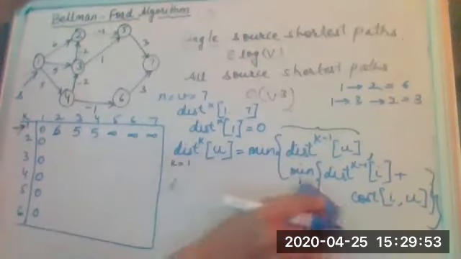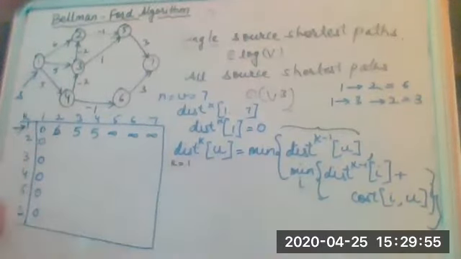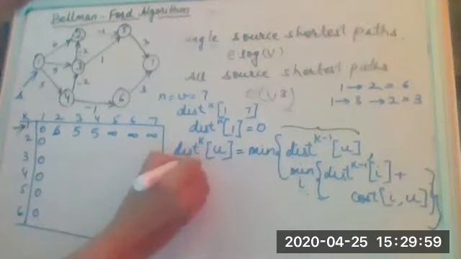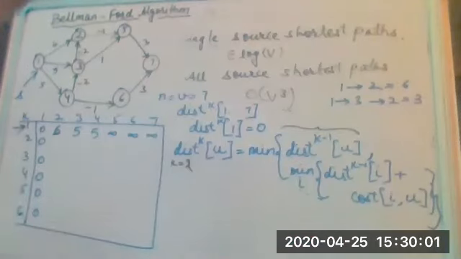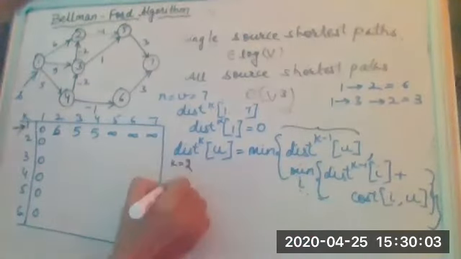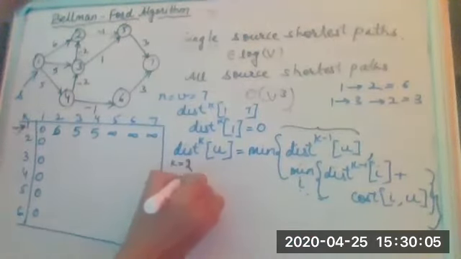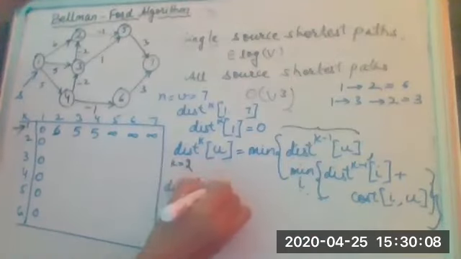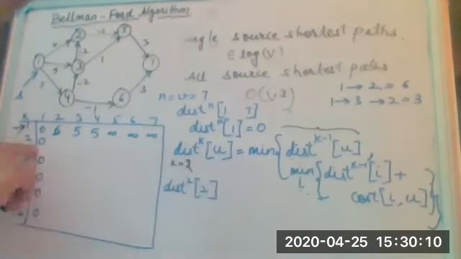Now let's start with k equal to 2. So when k equal to 2, I would be writing it as distance of 2 of 2, because distance of 2 of 1 is, if I take any intermediate vertex from source to the first vertex, it is 0.